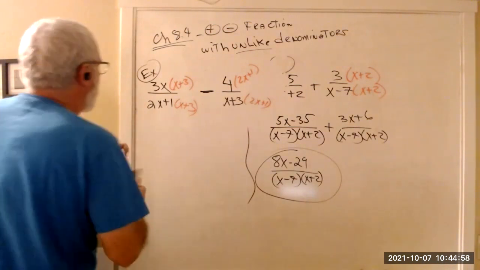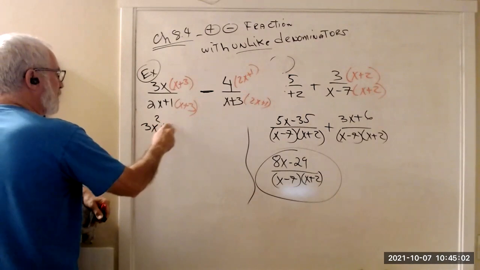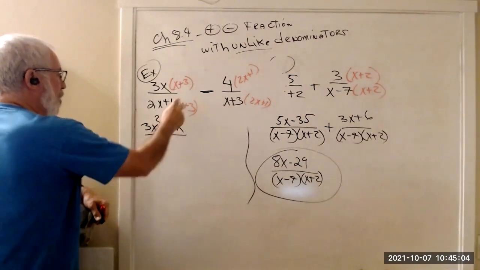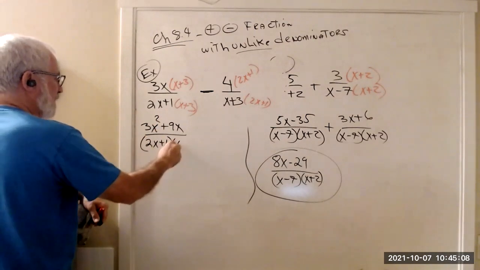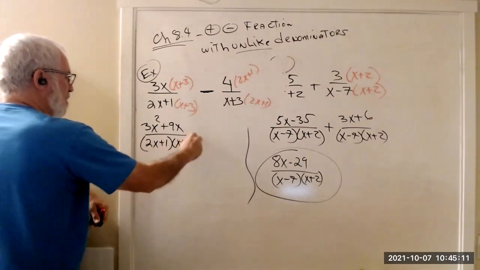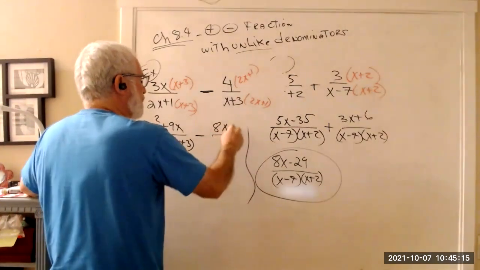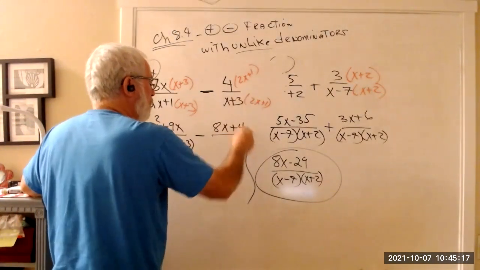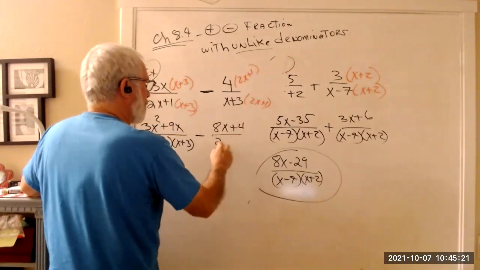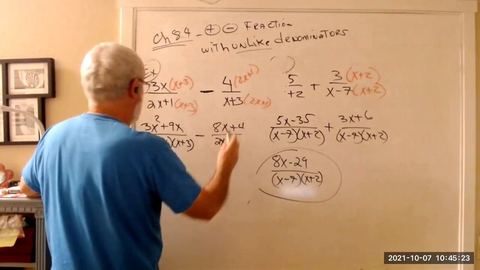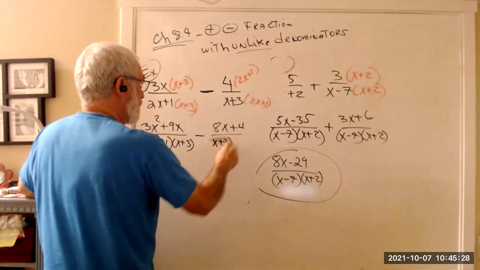So if I do that, I end up with 3x squared plus 9x over 2x plus 1 times x plus 3, minus 8x plus 4 over x plus 3 and 2x plus 1.